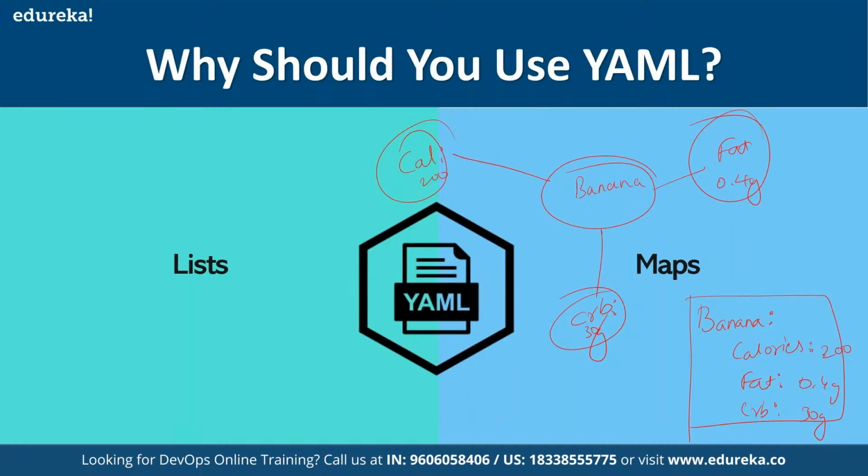Now if something is different, I'll give you an example. Here I have calories, fat, and carbohydrates at the same level. If I have a different indentation, like this, banana, and under this I have the calories, let's say 200, and inside this calories I have fat 0.4 grams, and carbohydrates 0.5 grams.